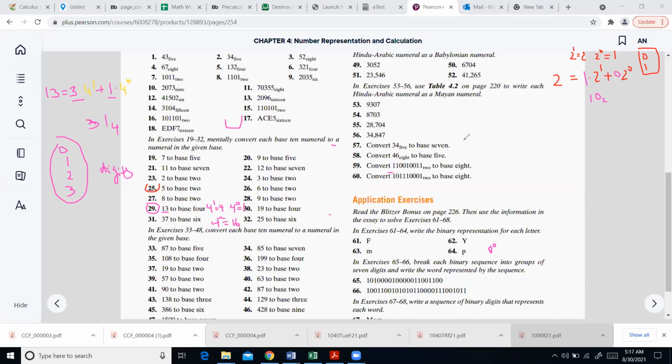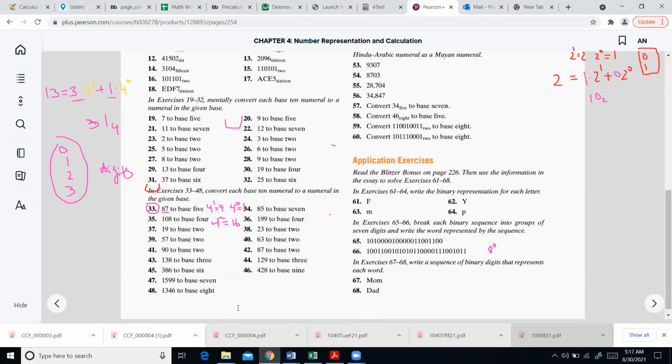I think last time I promised to do an exercise, the last one in this little group of problems for you. I think 47 or 48, so maybe I can do, let's say, 47. They say, write this in a base 7. Okay, so in a base 7, we have, again, powers of 7.